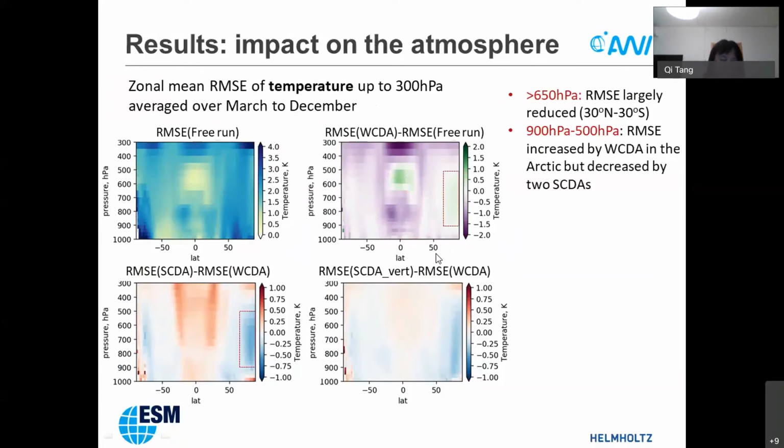Between 900 and 500 hectopascal, the RMSE is slightly increased by the weakly coupled data assimilation in the Arctic, but the two strongly coupled data assimilation runs reduce it.